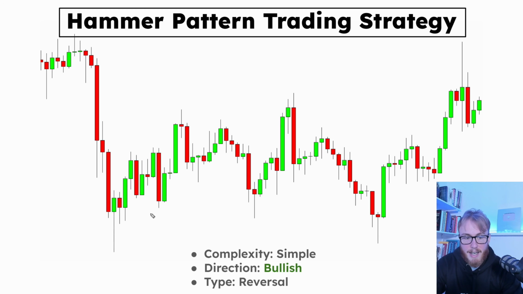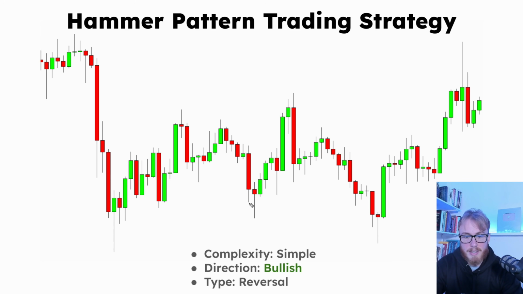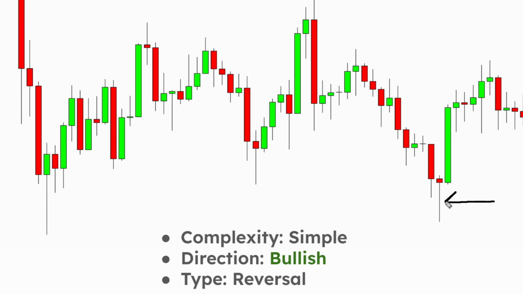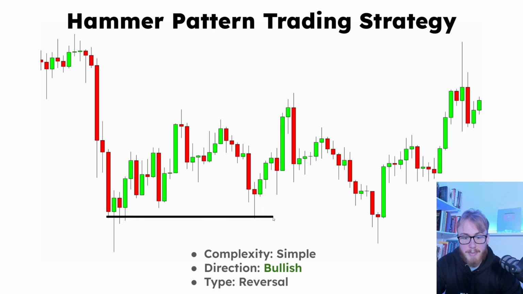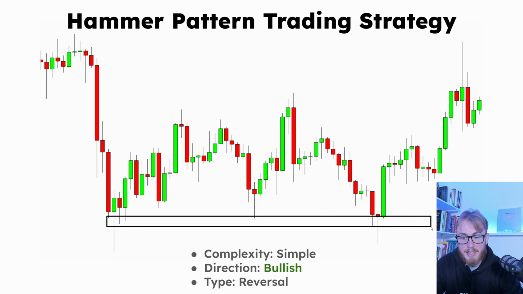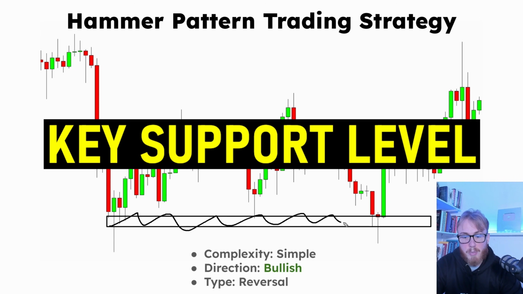However, I actually see some better hammers on this image. The best hammer I can find is actually this hammer right here. As you can see, in this case, we have a very long lower wick and we have a tiny real body of the candle. Another thing that makes this pattern even more significant is to look at where this pattern appears. Well, as you can see, the price bounced right here, and then we saw another bounce. So as we can see, this hammer pattern is actually coming in at a key support level.